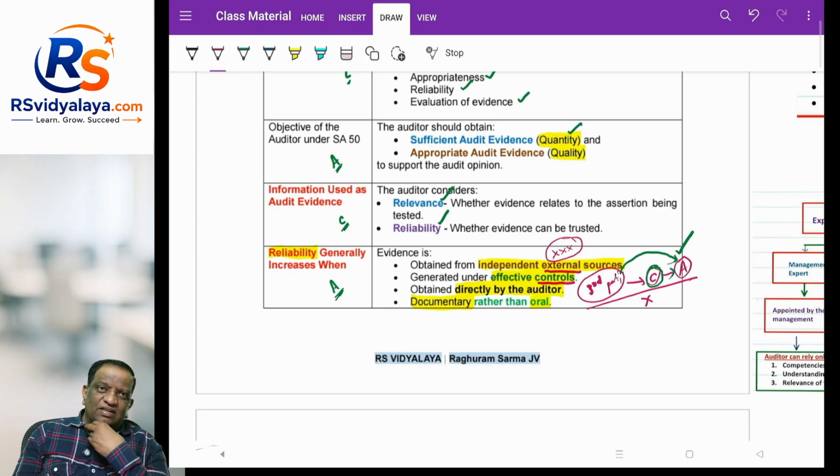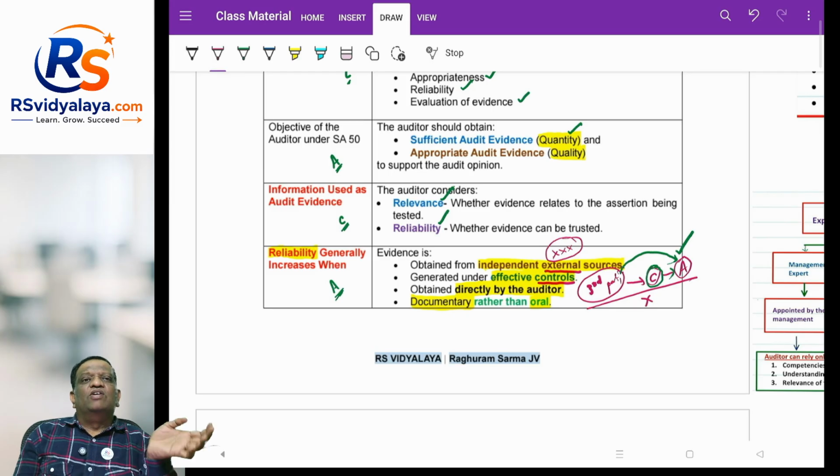But then can I say that external sources are always reliable? No, that is not so. Then, if information from external sources is more reliable, why do I, as an auditor, collect internal audit evidence at all? That's where the golden rule comes in: external evidence is more reliable than internal evidence, but that doesn't mean external evidence is always reliable.